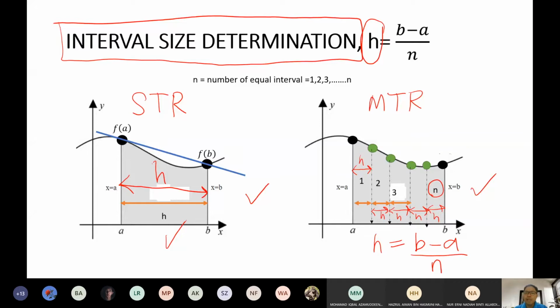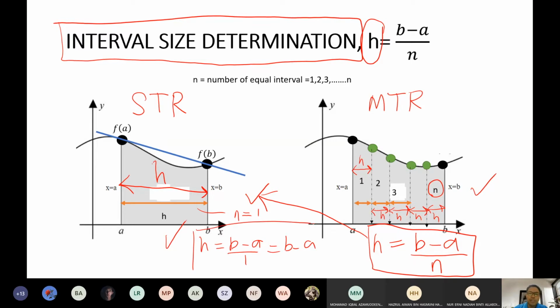If we apply this formula to the single trapezoidal rule, where the number of equal divisions is only 1, then your h is only b minus a over 1, which is b minus a.